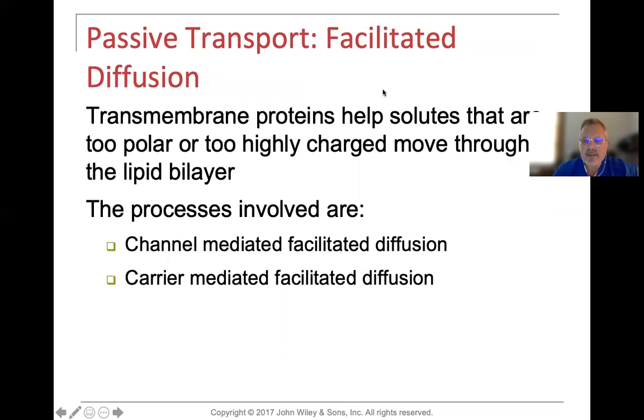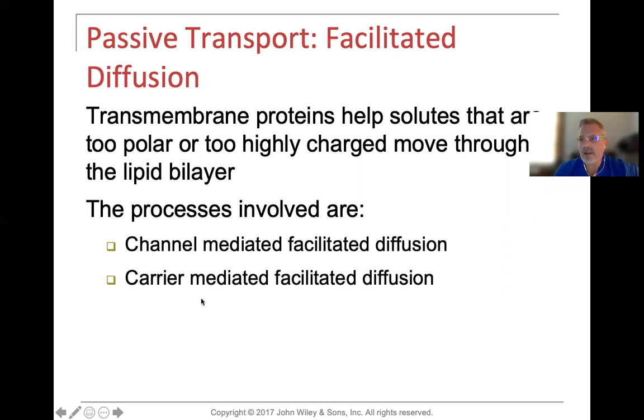In facilitated diffusion, this is now where it's not moving without any assistance. It needs the help of something to travel through the cell membrane wall. So one of the things that it uses are the channels, the proteins. It can use a channel-mediated facilitated diffusion, or it uses transport protein, which is carrier-mediated facilitated diffusion. And you've heard of calcium channels and sodium channels.